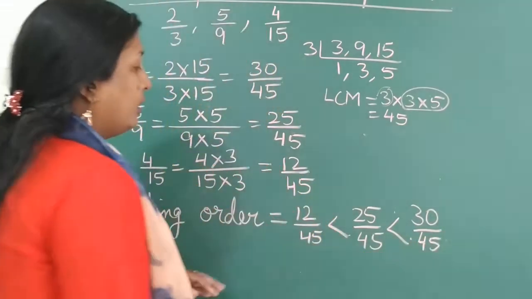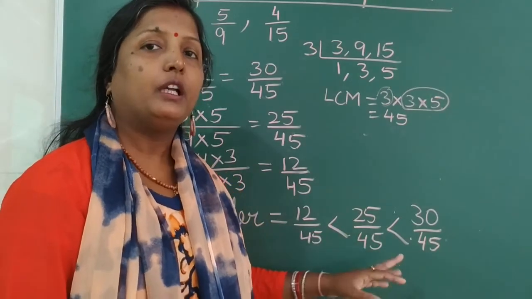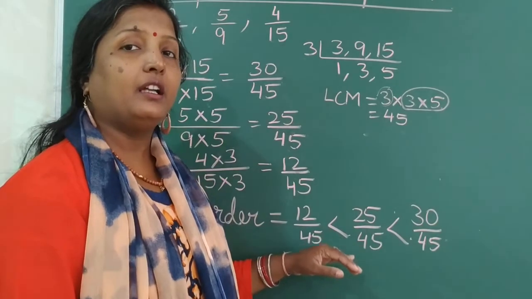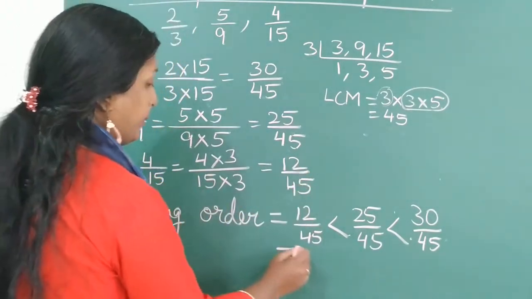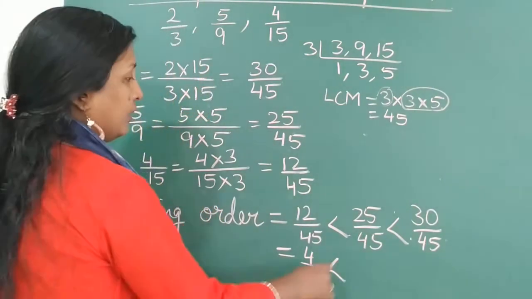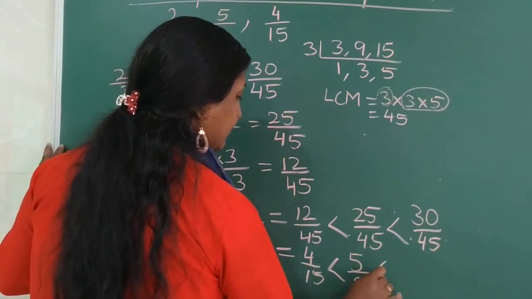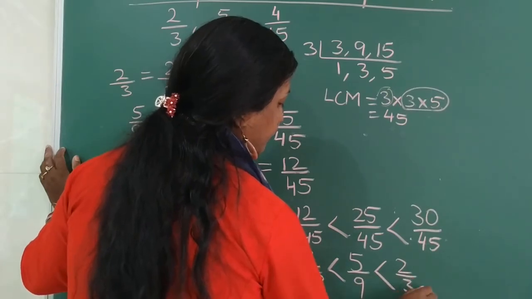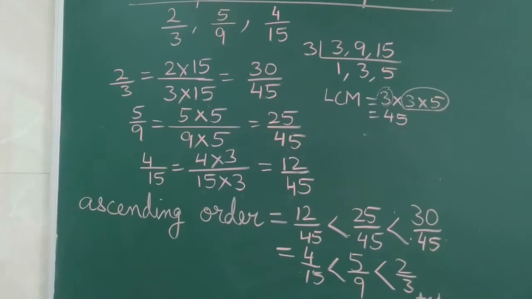But children, you see, we are not given these fractions. So if you leave the answer in this form, it is not our required answer. You have to arrange the numbers that were in the question. So 12 by 45 is 4 by 15, which is less than 25 by 45, which is equal to 5 by 9, and less than 30 by 45, which was 2 by 3. So this is our required answer in ascending order.